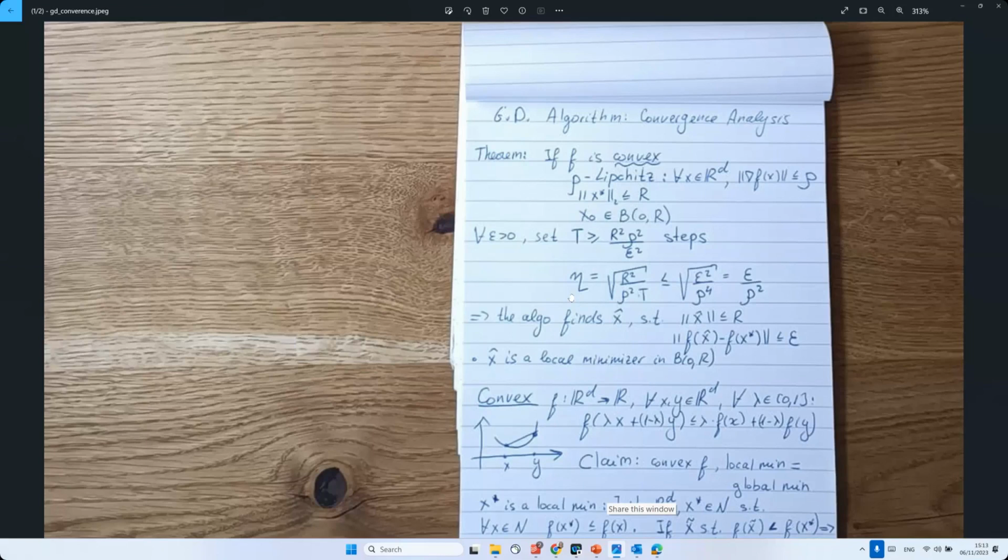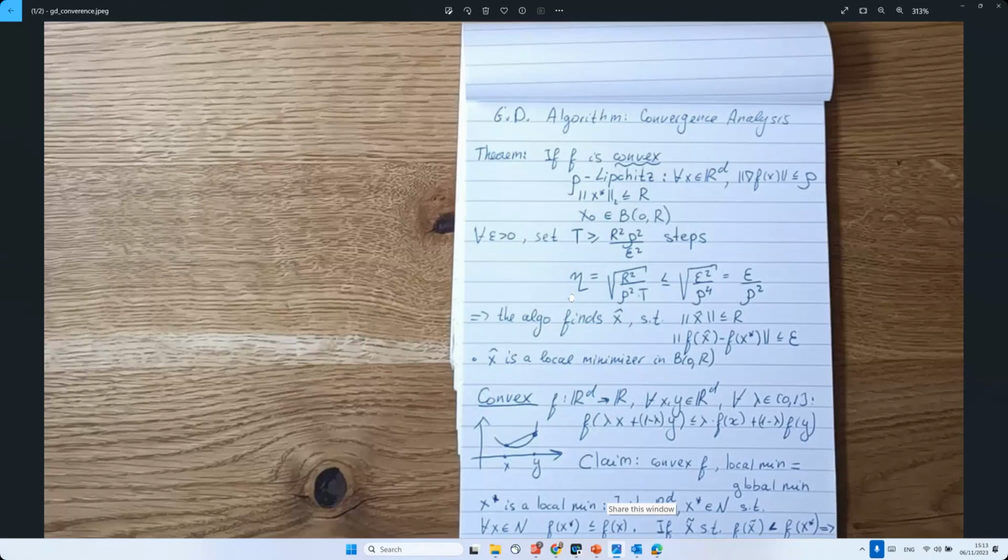Yes, interesting. And another thing, when you substitute t with r squared, etc., it works because it's bigger, right? You substitute something smaller, so it's bigger. Yes.